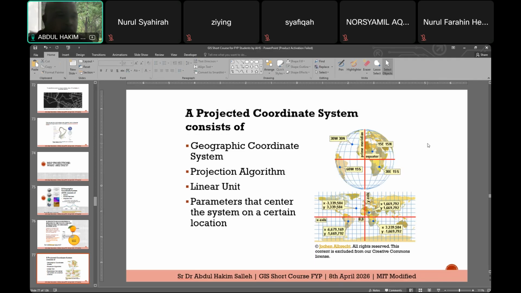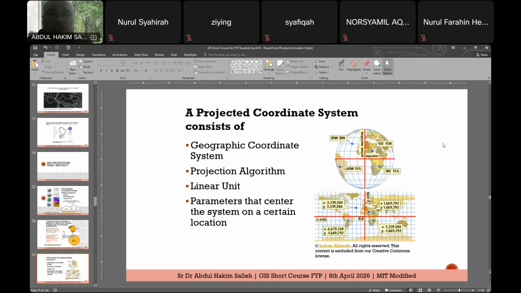You need to understand this, okay? Especially if you work overseas, you need to know what projected coordinate system is being used in that particular place. Okay, all right.